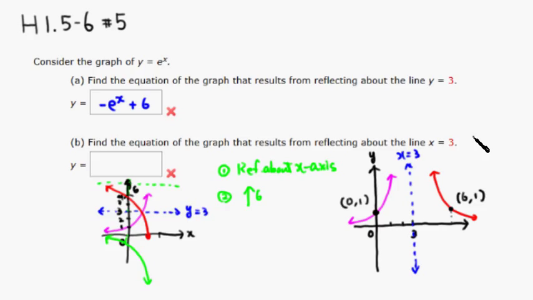So to go from the purple curve to the red curve, you need to do a reflection about the y-axis instead of the x-axis, which looks like that.